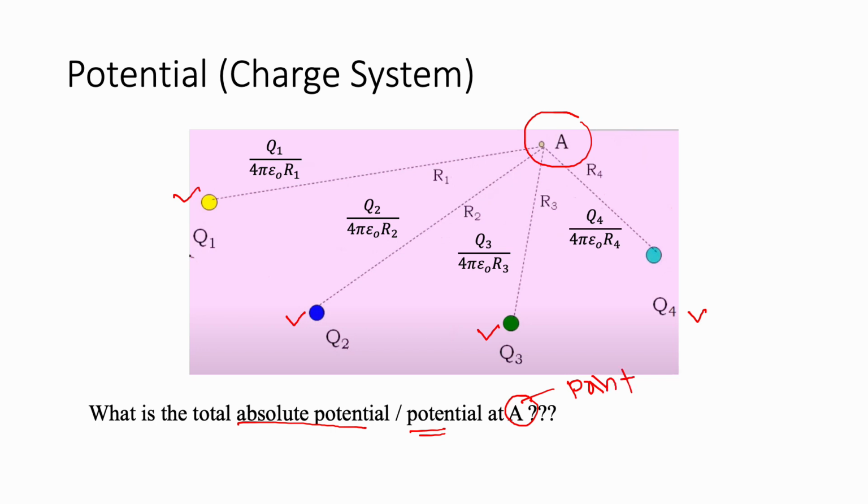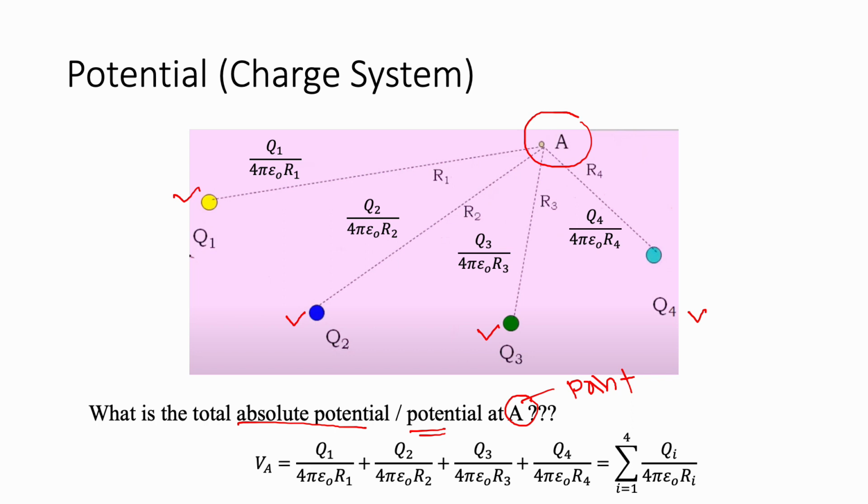The V at A will be Q1 over 4 pi epsilon naught R1, where R1 is the distance between the first charge and the point of interest, plus Q2 over 4 pi epsilon naught R2, where R2 is the distance between the second charge and the point of interest, and so on. It is the summation over all the point charges.